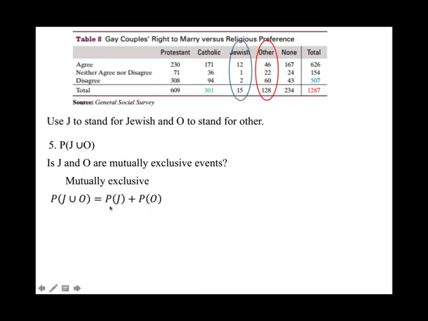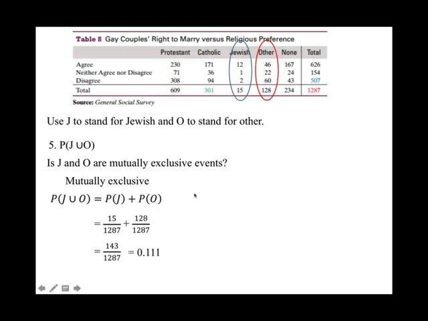First, what is the probability for the jurors? That would be 15 over the total outcome, plus the other, 128 over here. You should get 143 over 1,287.